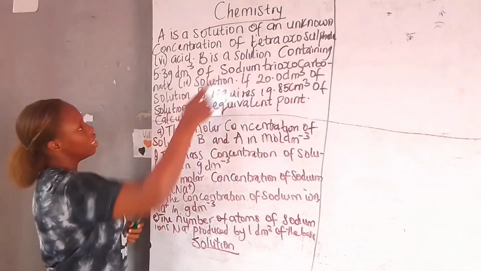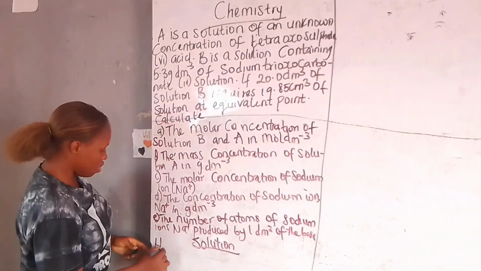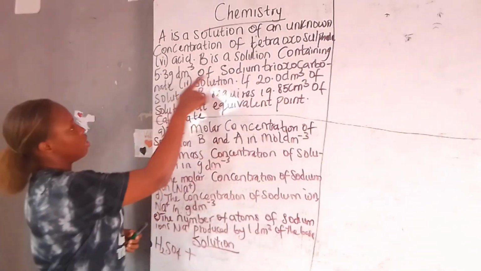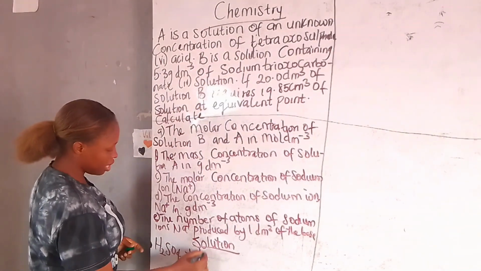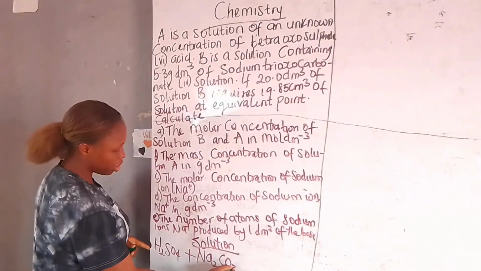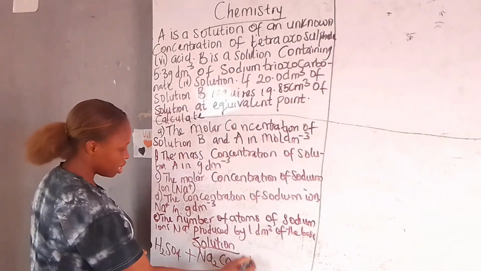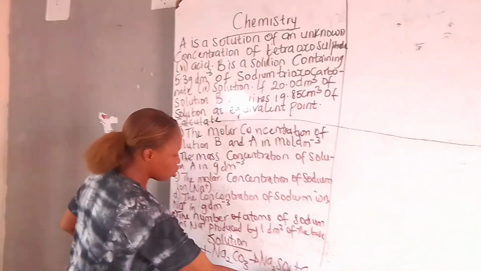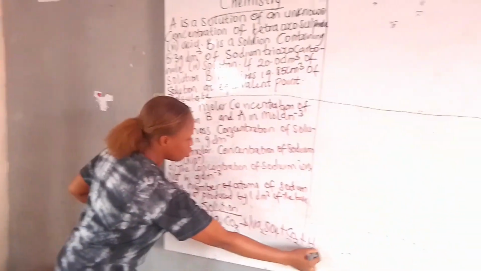What is solution A? Tetraoxosulfate(VI) acid, which happens to be the acid, plus the base, sodium trioxocarbonate(IV), Na2CO3. So what is it going to produce? Na2SO4 plus CO2 plus H2O.